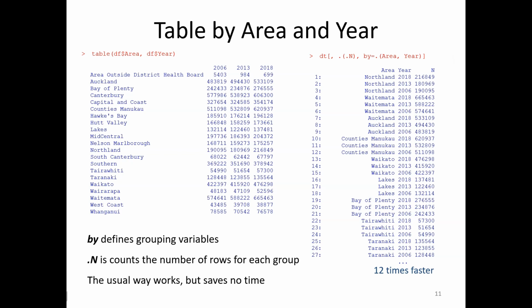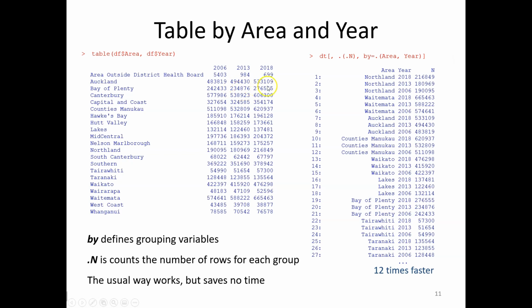If we, for example, want to make a table of the area and year to know how many individuals were in each area each year, for a common data frame we would write table probably, and choose the first column, comma, the second column. And what we get in return is a matrix with one column per year and one row per area, and then we have the number of observations for each combination of year and area.